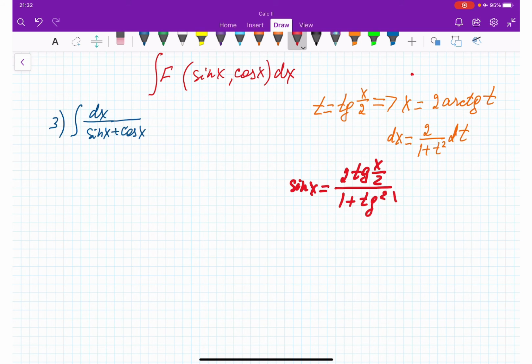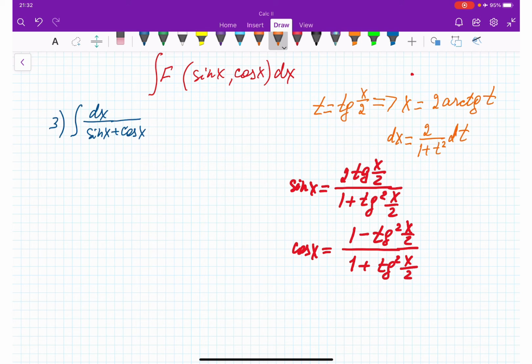Tangent squared half of x. Yes? And cosine x is equal 1 minus tangent squared half of x, and in denominator we have 1 plus tangent squared half of x.